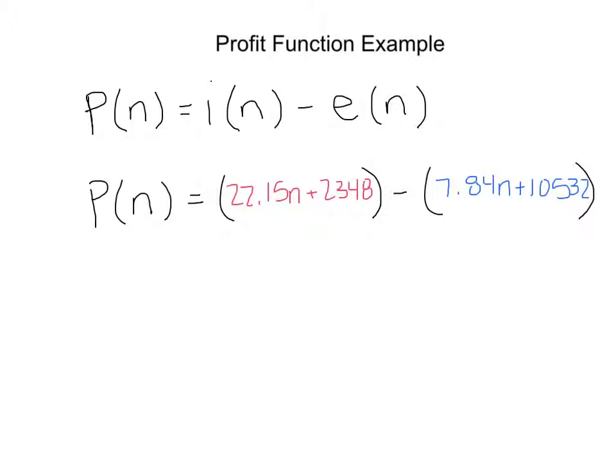So this is our profit function. Our profit function represents the income, which is this function, minus the expenses, which is this function. This is all fine and good, but we want to simplify this because that's a lot of numbers going on, but I see that we might be able to combine some like terms. So we're going to move on to using some real algebra with our function.